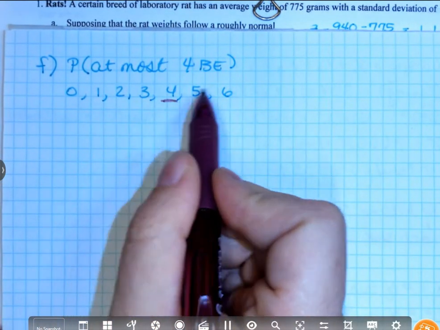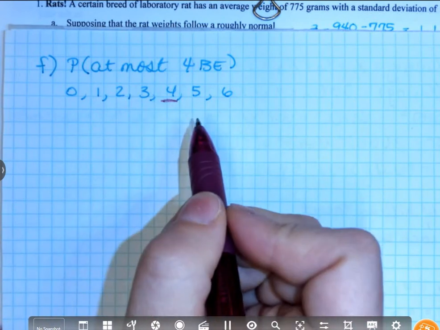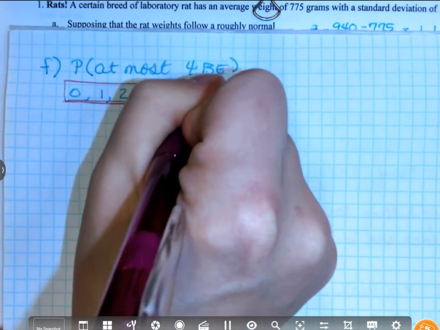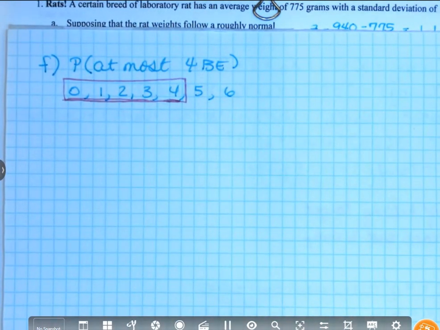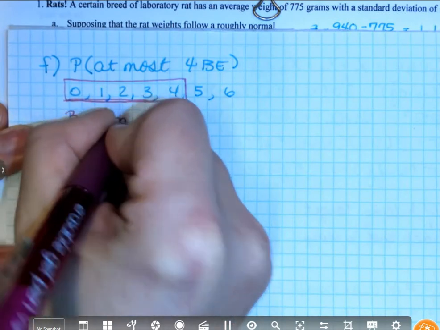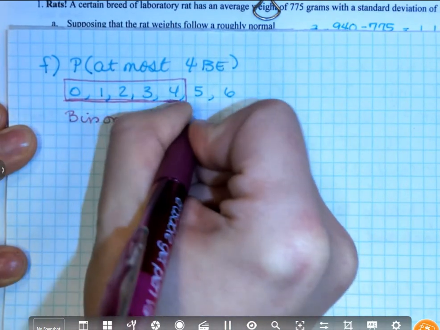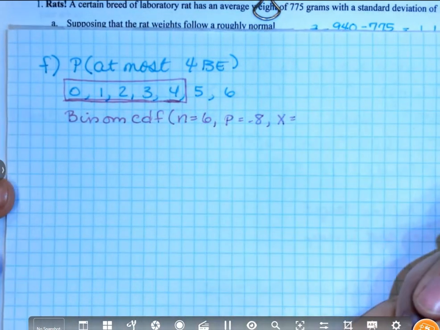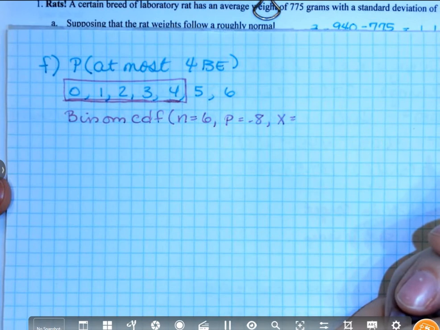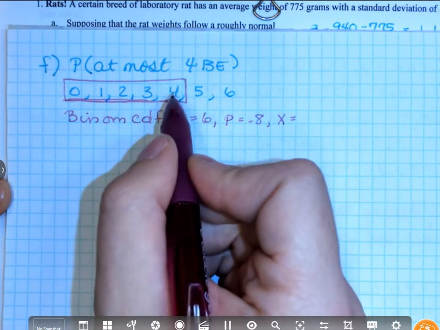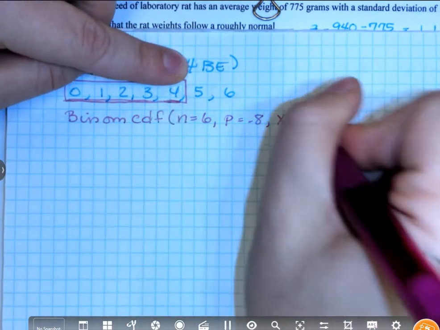Am I smaller than 4? I'm wanting the values that are smaller than 4. I want these guys. So am I going to do the 1 minus on this or just the stuff? Just the stuff. So I'm going to do binomial CDF, where n is 6, p is 0.8, x here is, I'm going up through 4. 4 is the last number that I'm including in this.